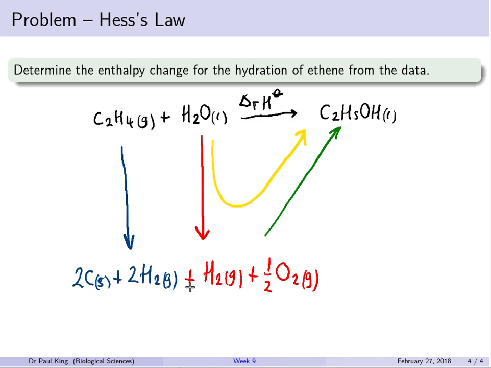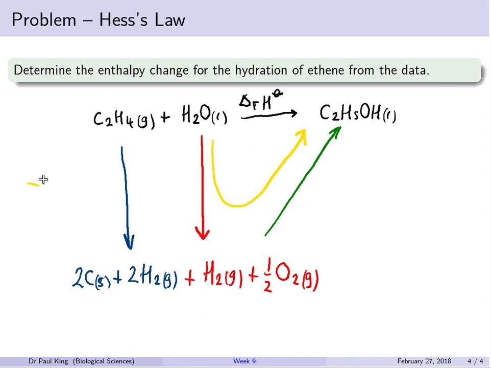So what are the associated enthalpy changes? Well, the blue arrow that we've got here is the opposite of the formation of ethene. So the enthalpy change for that is going to be the reverse of the enthalpy change for the formation of ethene.